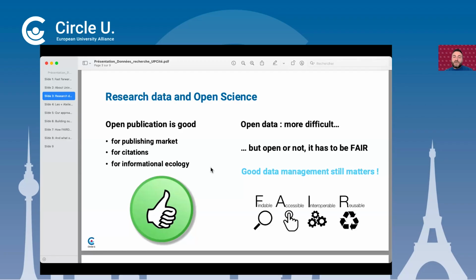But the situation is quite different when it comes to research data. And that hesitation is perfectly understandable, I think. Because most of a researcher's time is spent creating, collecting, and processing data.